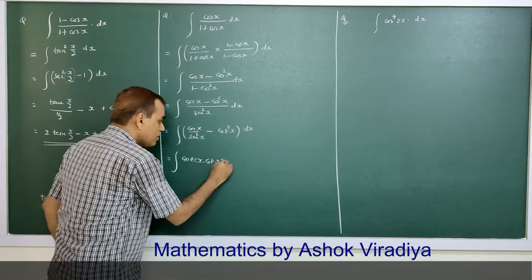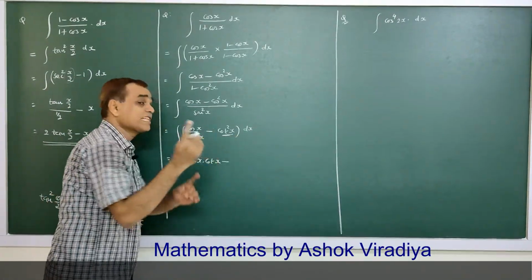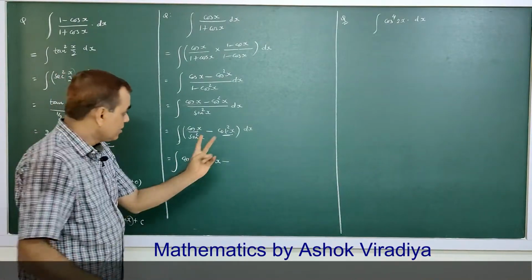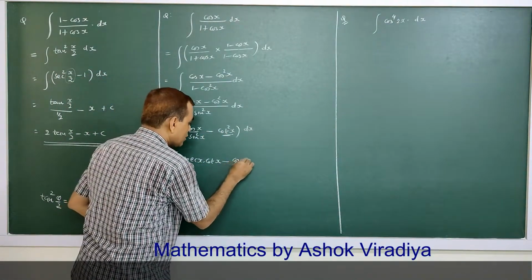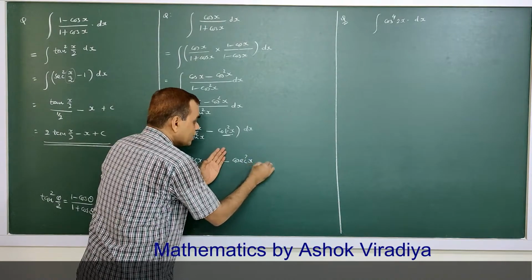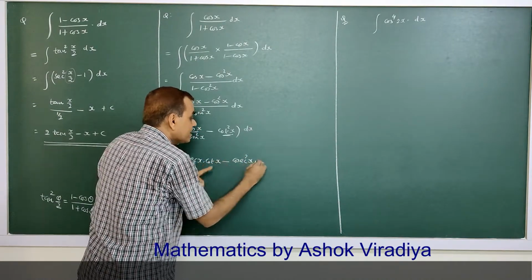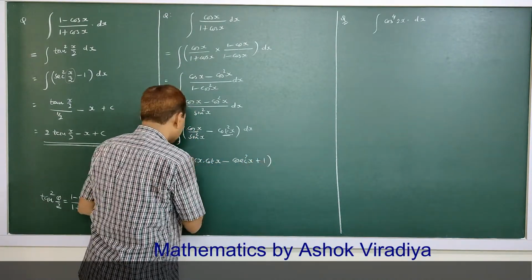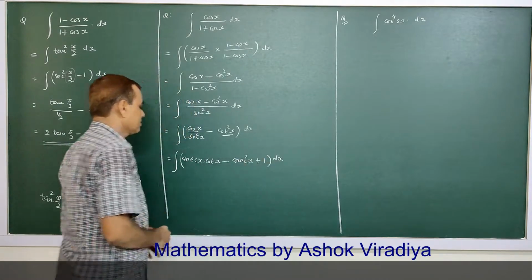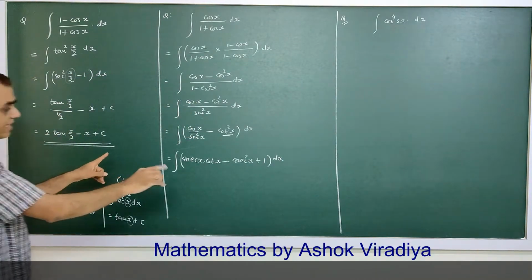And whenever cot square is given, put cosec square minus 1. So putting here cosec square x minus 1, but because main sign is minus, minus, minus, plus 1.